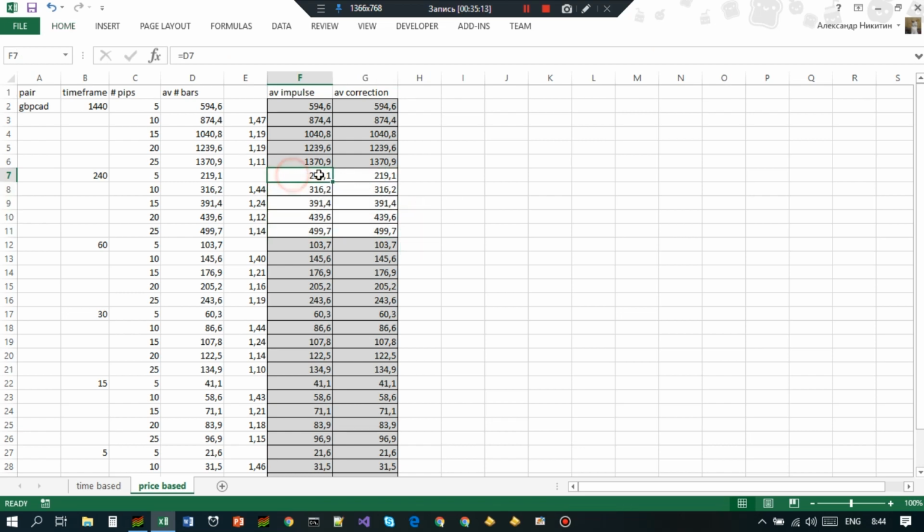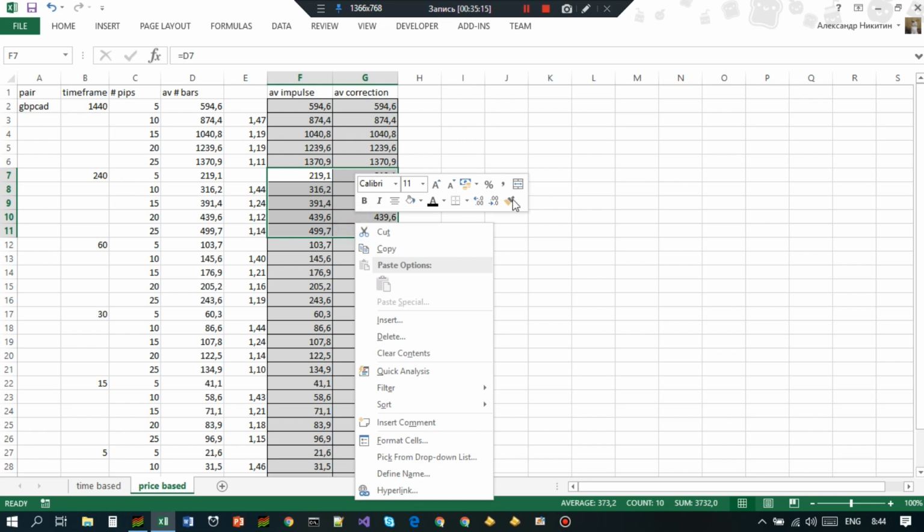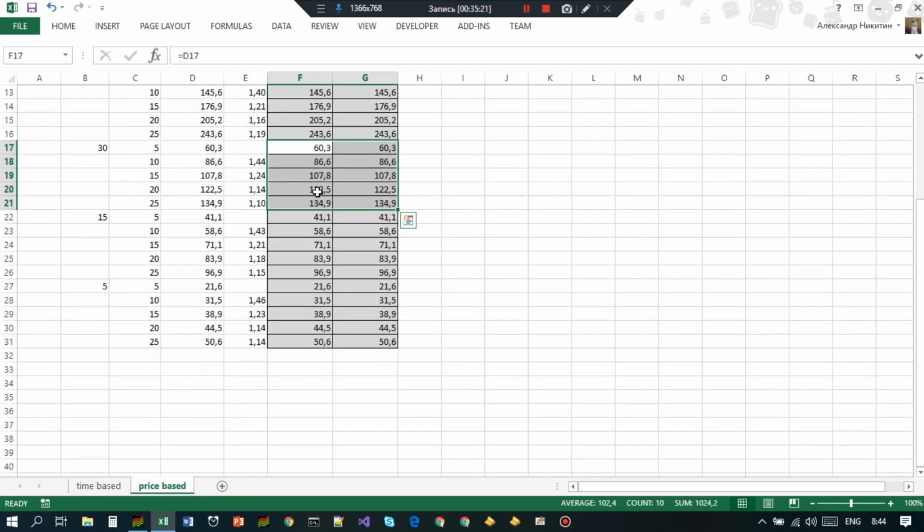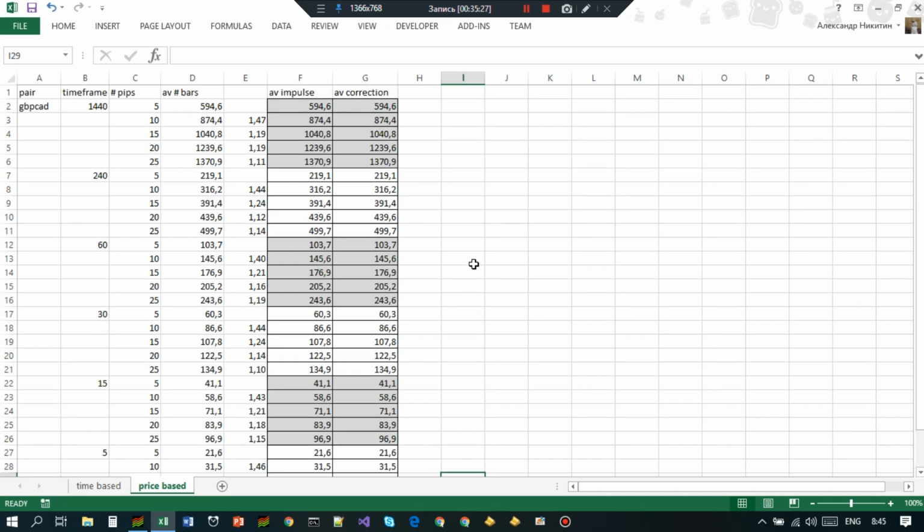Okay, I'll go format here, and I'll format here, and then I will format this as well. So this time I have blocks. Okay, we will calculate the number of bars here, and I will set the average pips here.